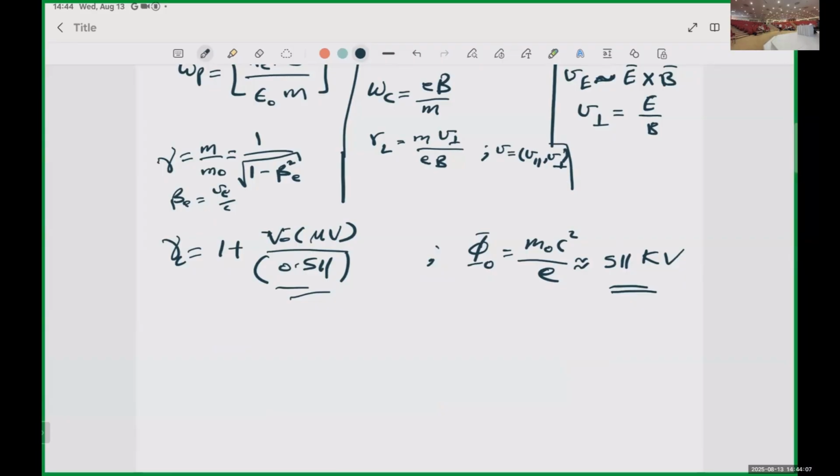What I also want to add is, for this parallel plate, I think you have seen it, but I just want to rewrite it here at the relativistic level. The Child-Langmuir law, which is the relation for the space charge limiting current, is a 3/2 power law if we are talking about the non-relativistic level.